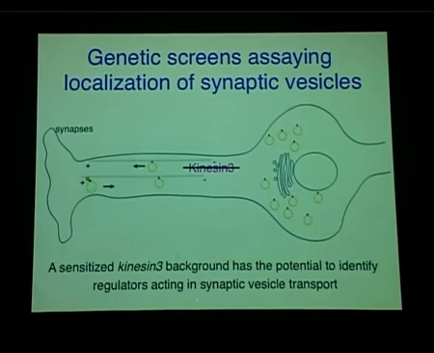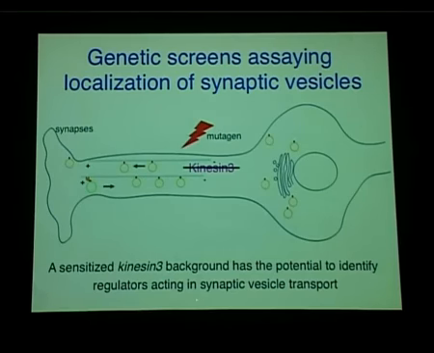In a situation where the regulator by itself may not have a strong action, its role might be much more readily apparent in a sensitized genetic background, and it's a very standard genetic approach that people use. So what my lab did was we took a strong kinesin 3 allele that we showed was defective in attaching the motor, which could not attach to the cargo very efficiently, and then fed the animal a mutagen to drive synaptic vesicle proteins back into the axon.